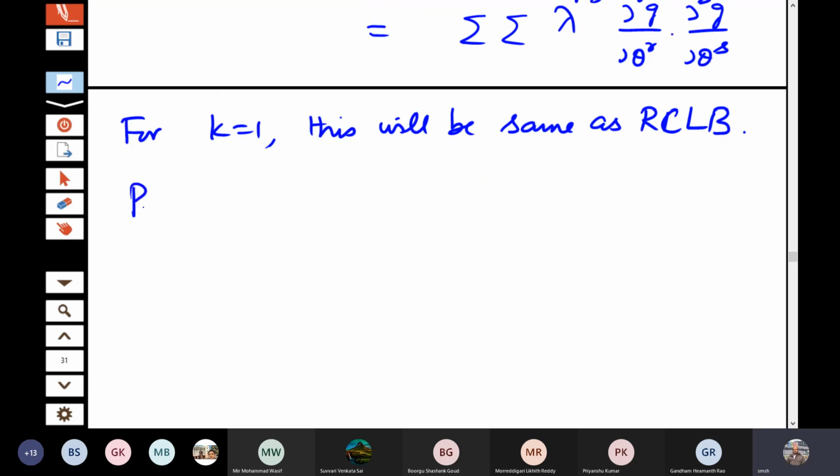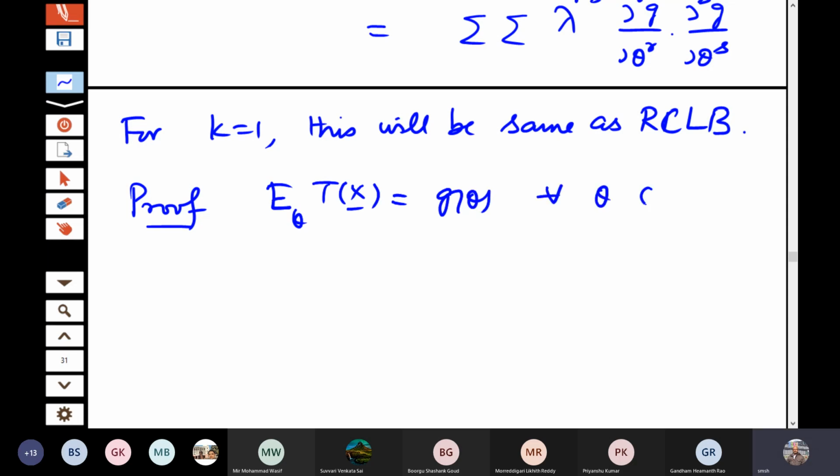So let me write the proof of this. Expectation of Tx is equal to G theta. Like in the RCLB, what we had done, we had considered differentiation of this. So same thing we will do here also. Rather than writing multiple integrals, I will write only one integral. I think that is enough.